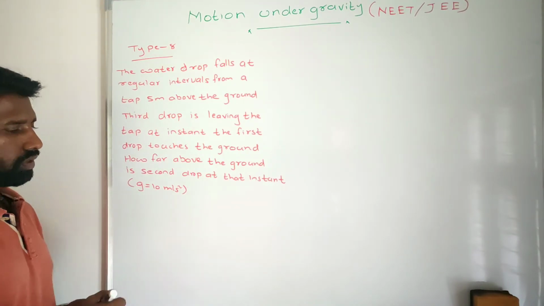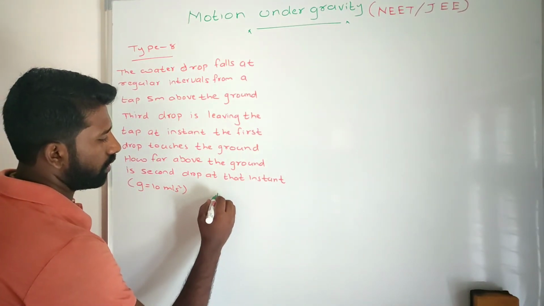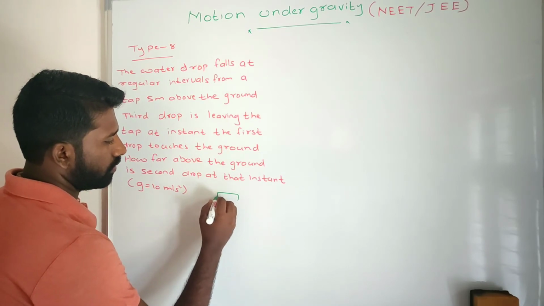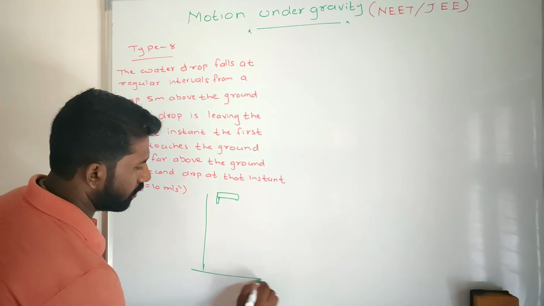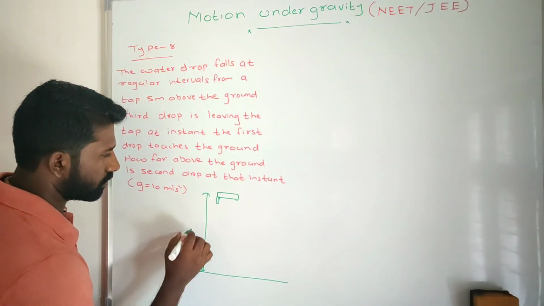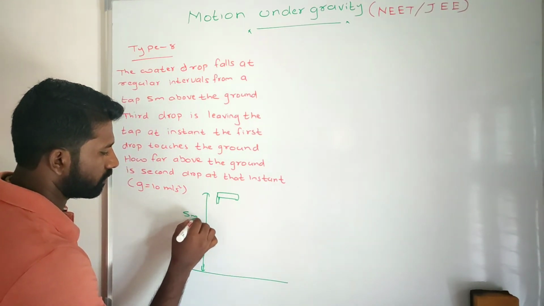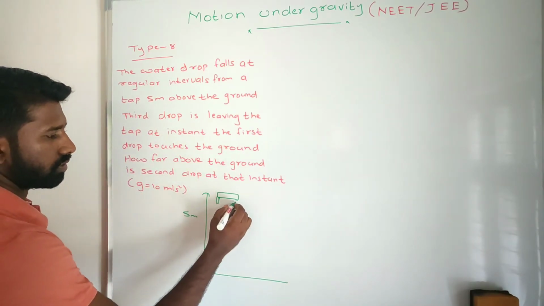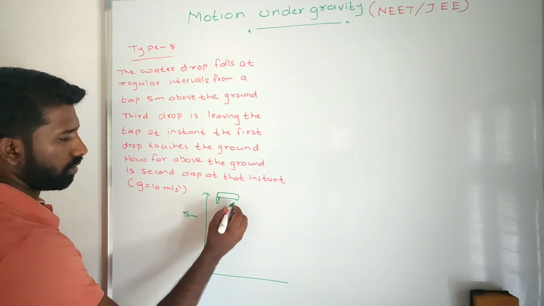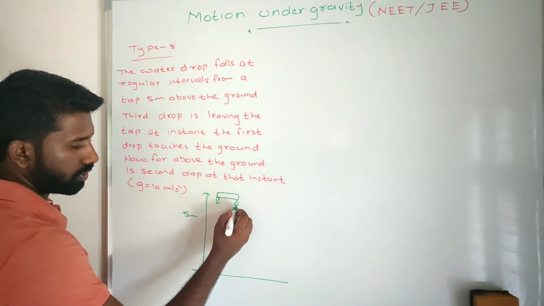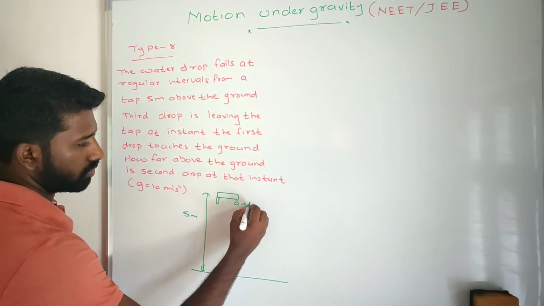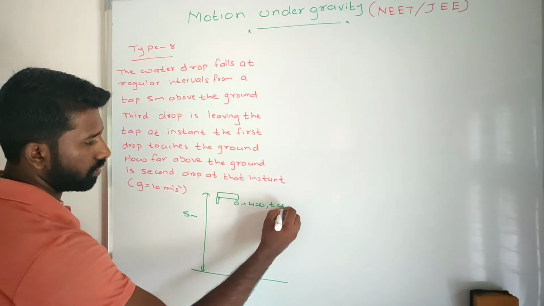Okay, so what is the question? There is a tap. This tap is how much distance from the ground? That is 5 meter distance from the ground. At regular intervals the water drops are coming. So what they told? The first drop touches the ground. What is the initial velocity? u is equal to 0, t is equal to 0.